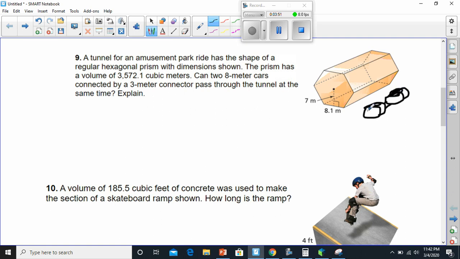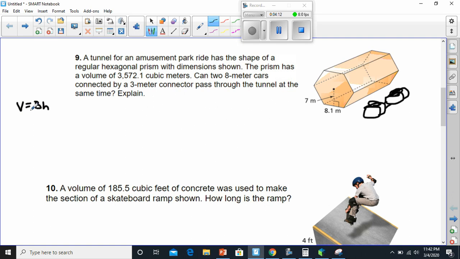Let's just pretend those are the seats on the car. All right. So we got to find out the length here. We can still use the formula of a volume equals base times the height. But since we're trying to find the height, we're going to alter the formula a little bit.